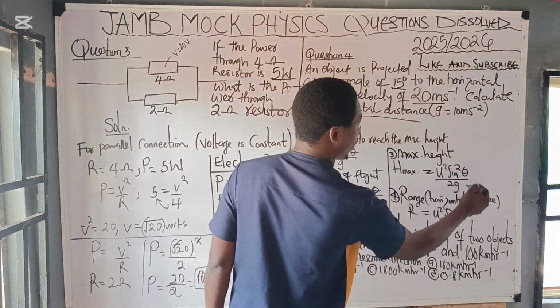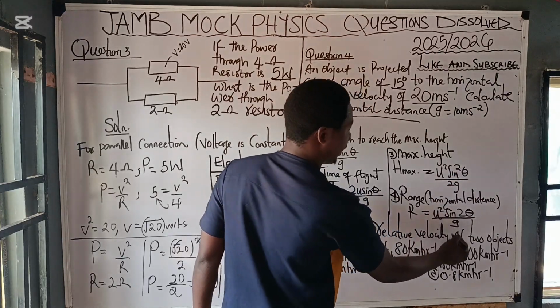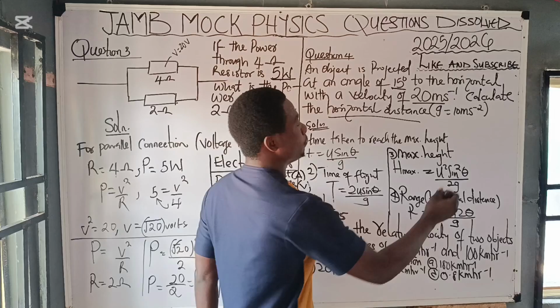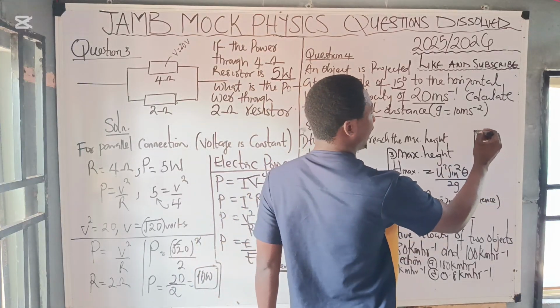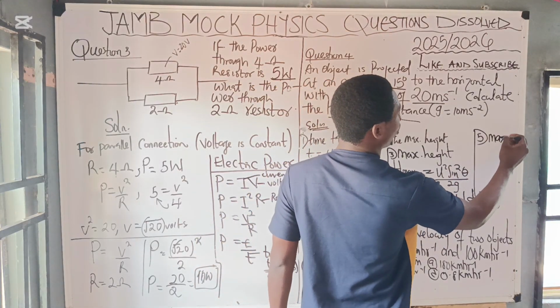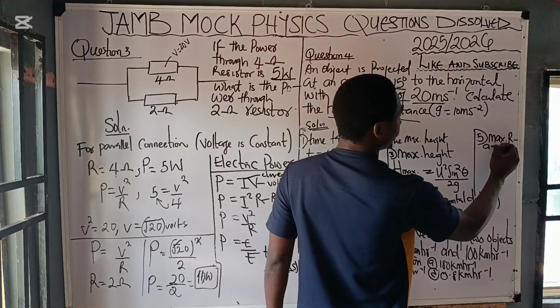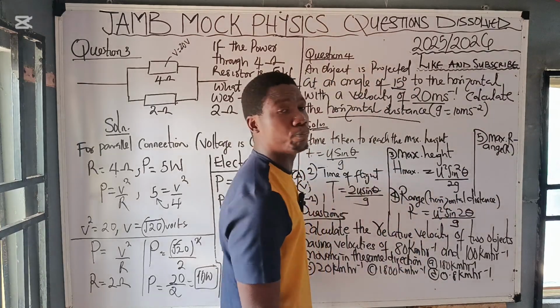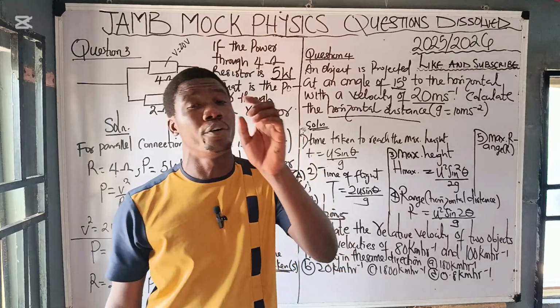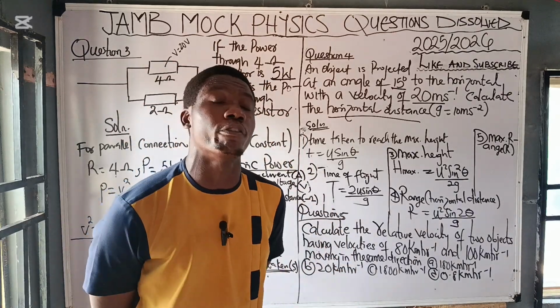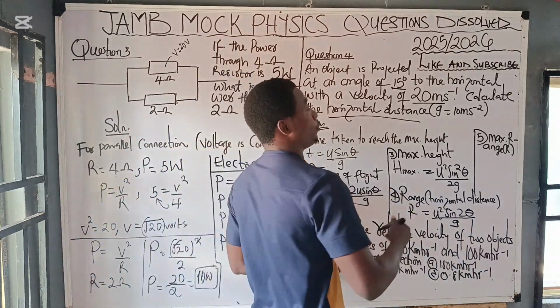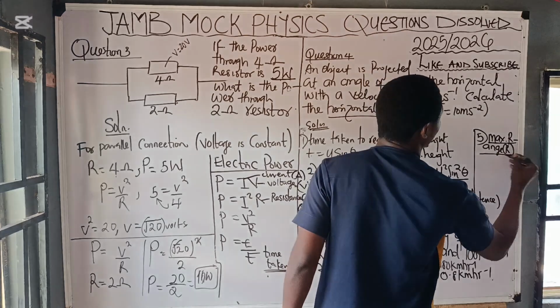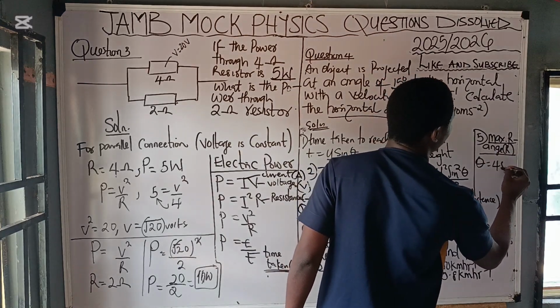This one you have squared, but here it is 2 theta, over g. Finally, the fifth formula for projectile is the maximum range. A projectile attains a maximum range when theta is equal to 45 degrees. So if you are looking for maximum range, you must first know that theta is 45 degrees.